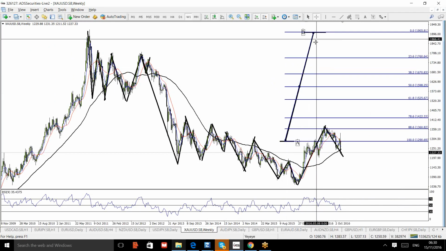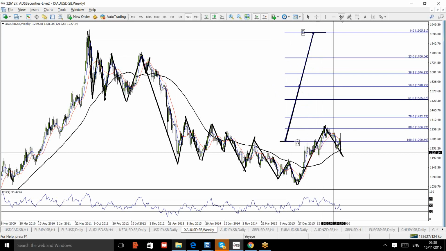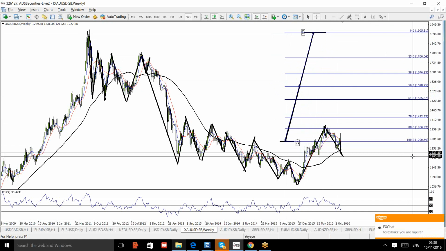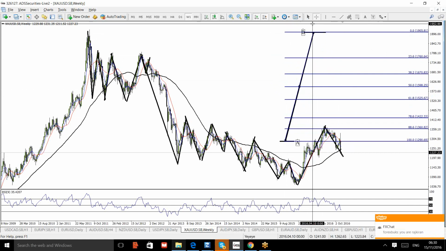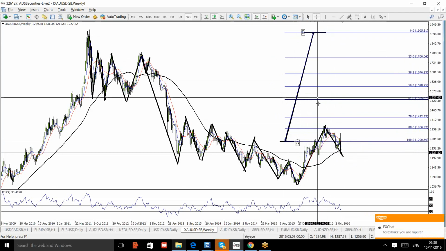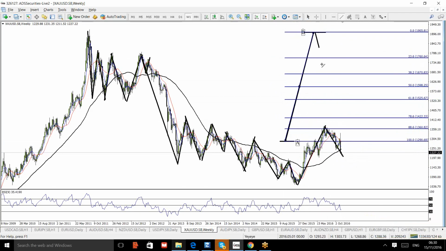Half of the leg. Then 61.8 Fibonacci, 78.6, 88.6 and 100. Understand? 100% means a complete retracement of the leg. Make sense guys?